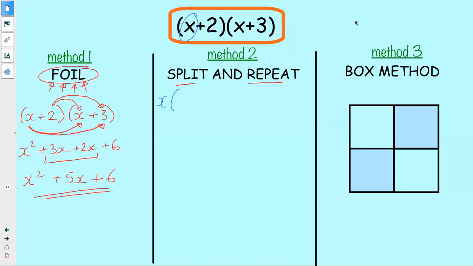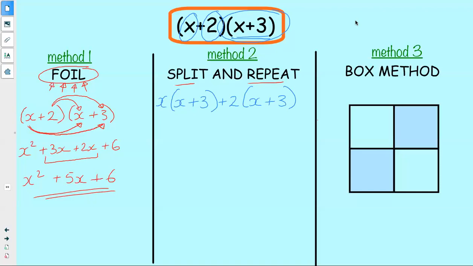I'm going to multiply that by the second bracket. So x add 3, and then I'm going to take the second term in the first bracket, which is your +2, and again I'm going to multiply that by the second bracket. So x add 3. So you can see why it's split and repeat. You're splitting that first bracket up and you're repeating that second bracket.